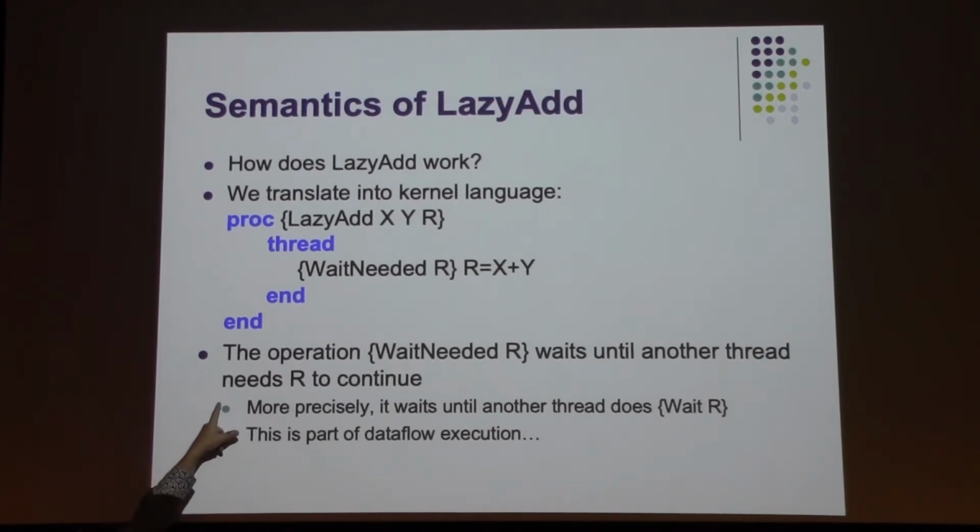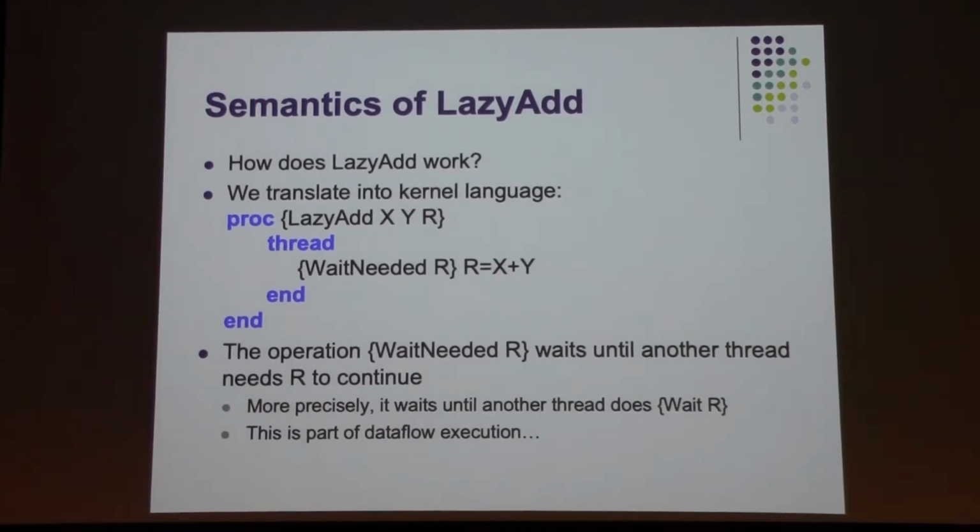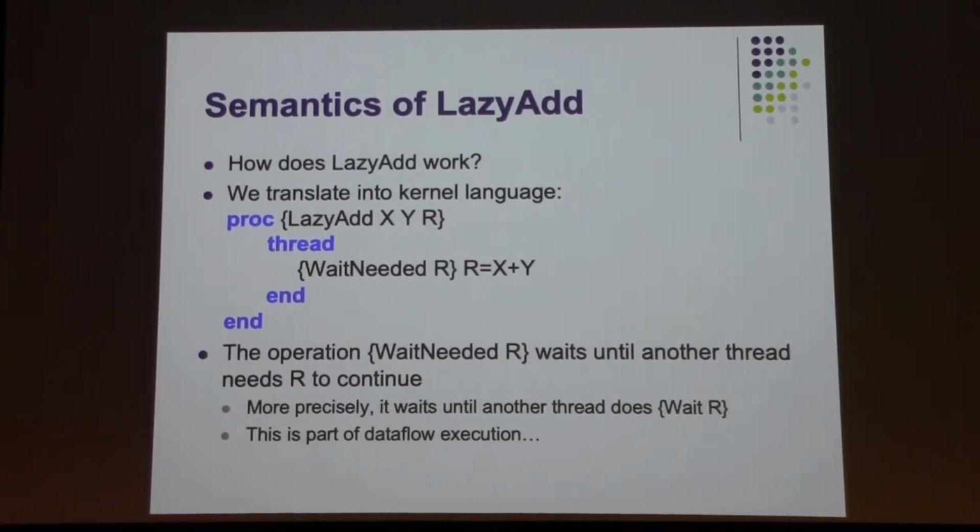To be more precise, what does need mean? I say it waits until somebody needs. What does need mean? We make a very precise definition of need. A thread needs R if it waits, if R has to have a value. If R has to be bound to a value, and this is an operation called wait.